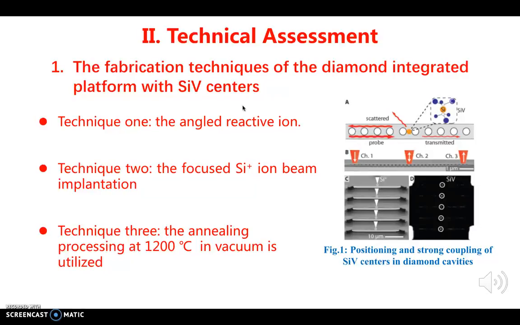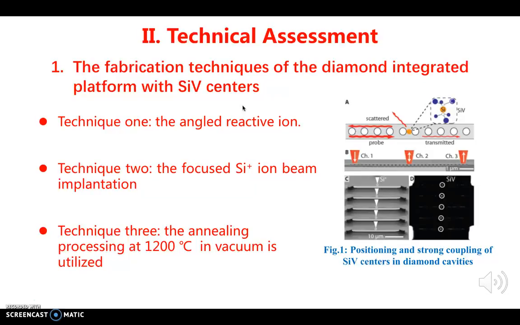The first question is, how to fabricate a diamond integrated platform with silicon vacancy centers? Here are the keys. Technique 1, angled reactive ion etching is applied to fabricate a one-dimensional waveguide and the photonic crystal cavities. Technique 2, focused silicon ion beam implantation is applied to deterministically position the center of each cavity for optimal coupling between an individual silicon vacancy center and the cavity mode.